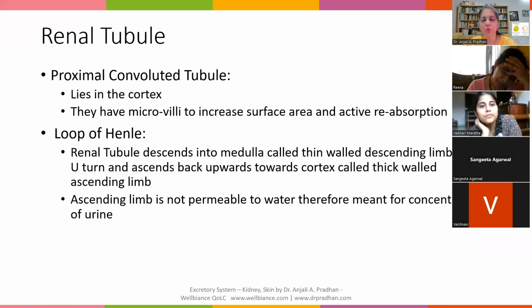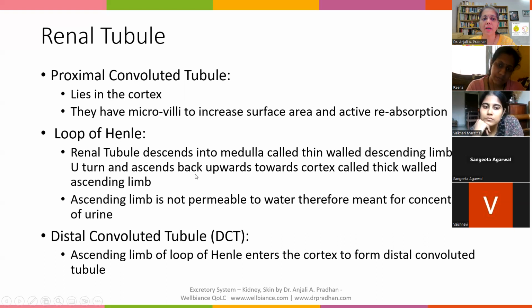Okay, the loop of Henle: it descends into medulla. It is thin walled. It takes a U-turn, ascends back upward into cortex, and it is thick walled. Ascending limb is not permeable to water, and therefore it is meant for concentration of urine.